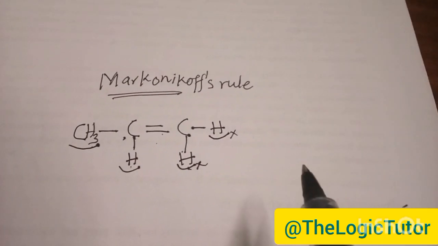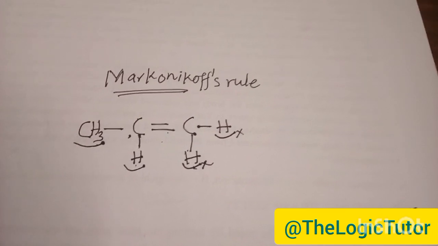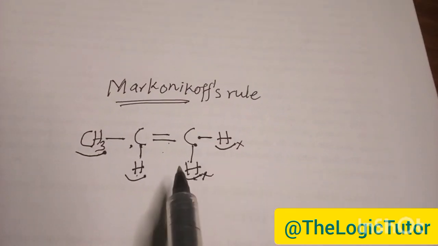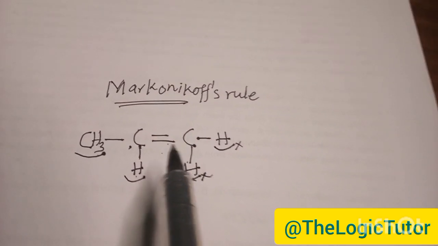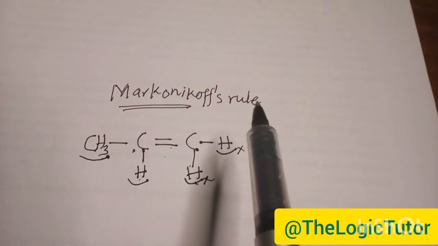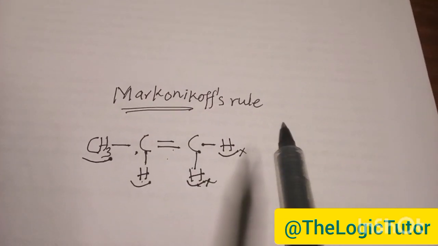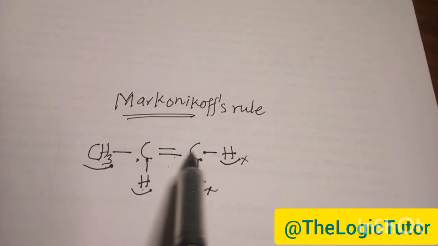So when an unsymmetrical reagent like HBr or HCl is added to this compound, don't forget the purpose of addition reaction is to increase the level of saturation, to make a compound saturated. Which means the double bond will definitely be removed.